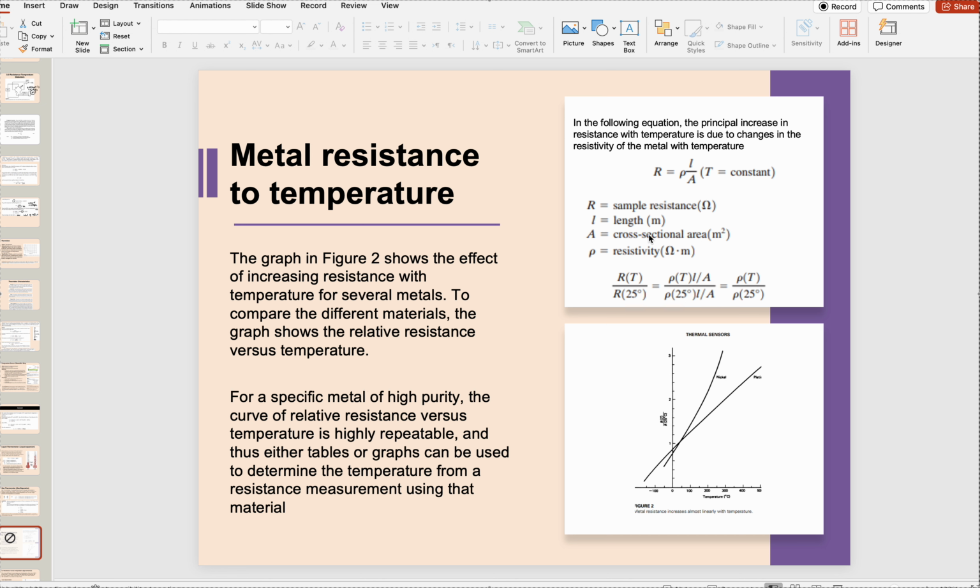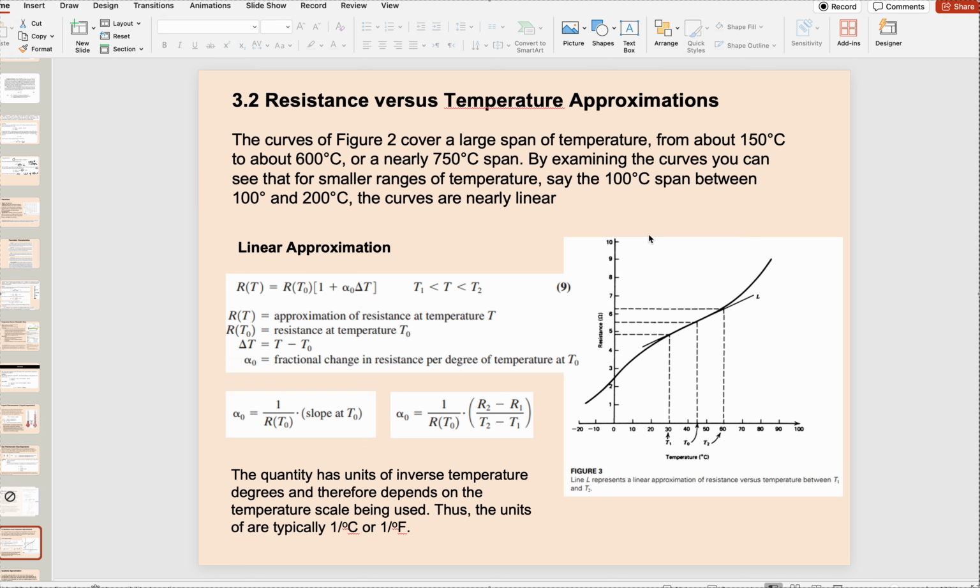This is another problem that we covered: how you're going to calculate the resistance of a metal based on the temperature. Again, this equation is very important, and this equation is actually a linear equation, and alpha naught is just a reflection of that equation, rearranging it.